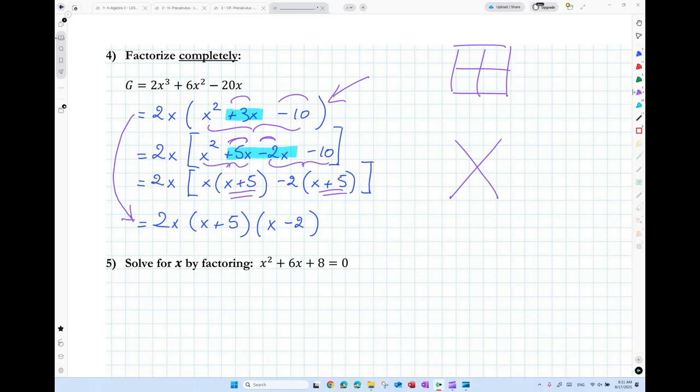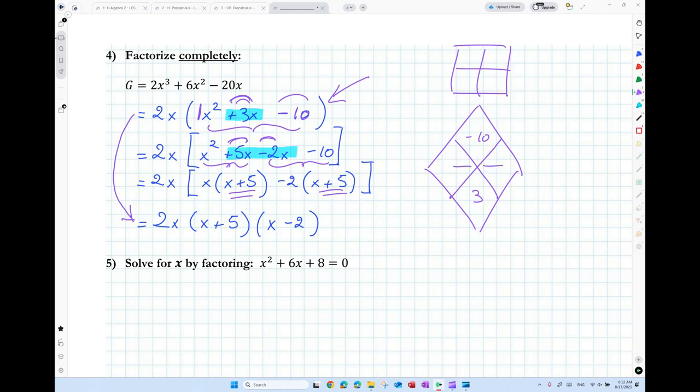And what I'm teaching is the diamond method. So you use diamond because it fits in a diamond like this. You will put negative 10 on top, A times C. You will report the B here, which is positive 3. And then you have two fractions.